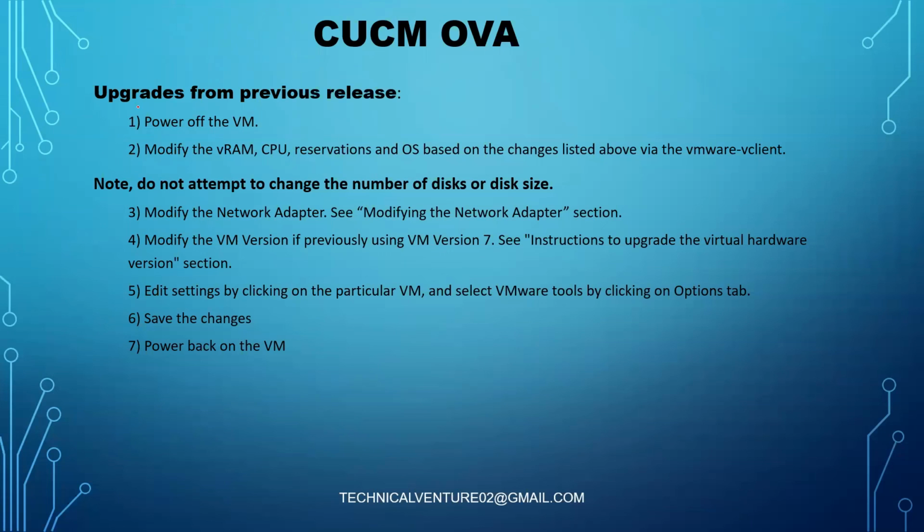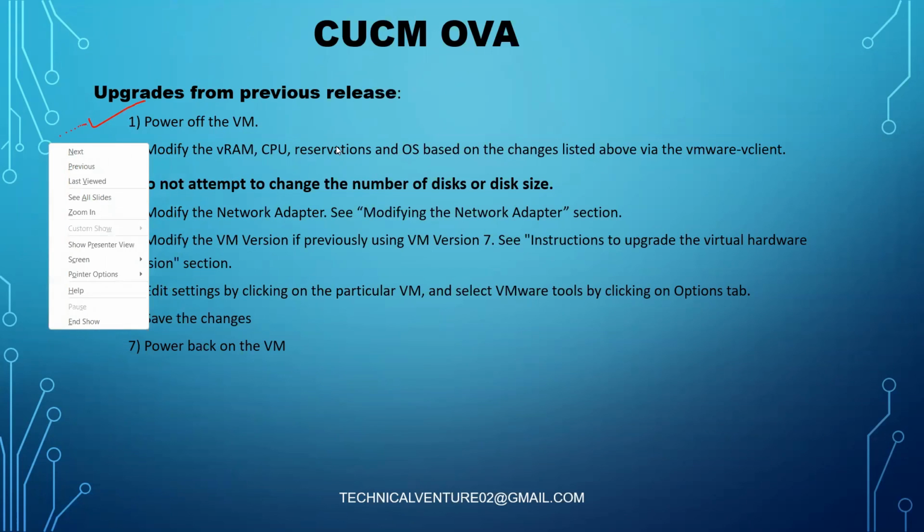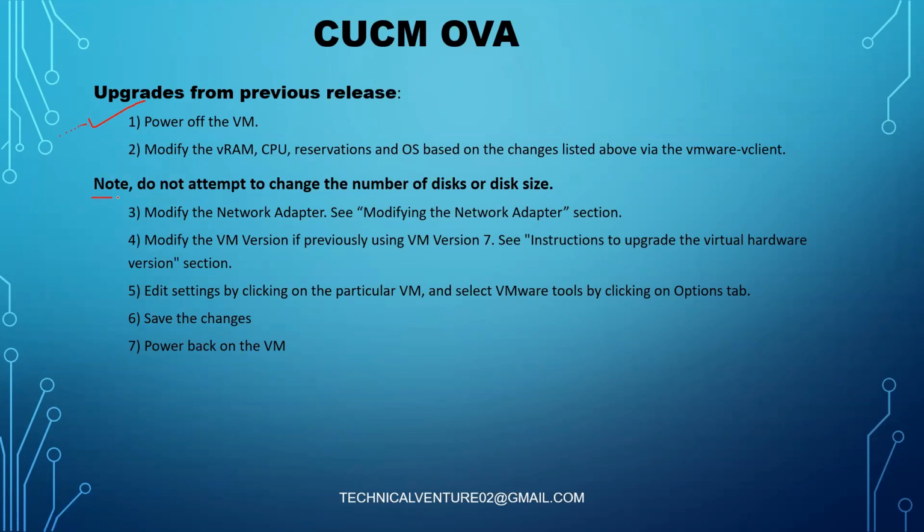Now it says upgrades from previous release. That's what we already did. We did all these things mentioned here: we powered off the VM first and modified the virtual RAM reservations if needed. Then there is a note: do not attempt to change the number of disks or disk size. You can modify the network adapter, like we did previously, from flexible to VMXNET3.